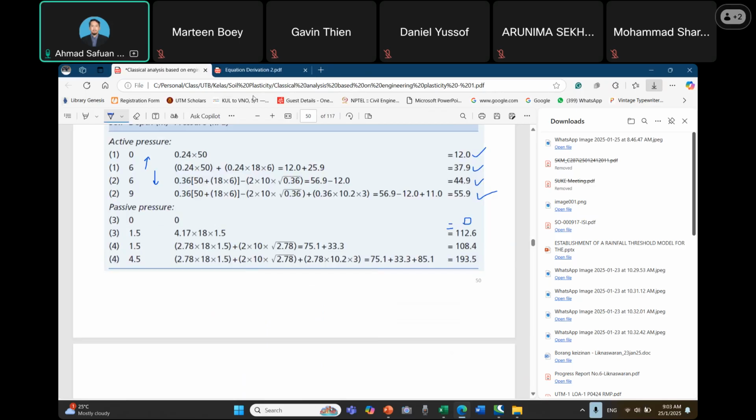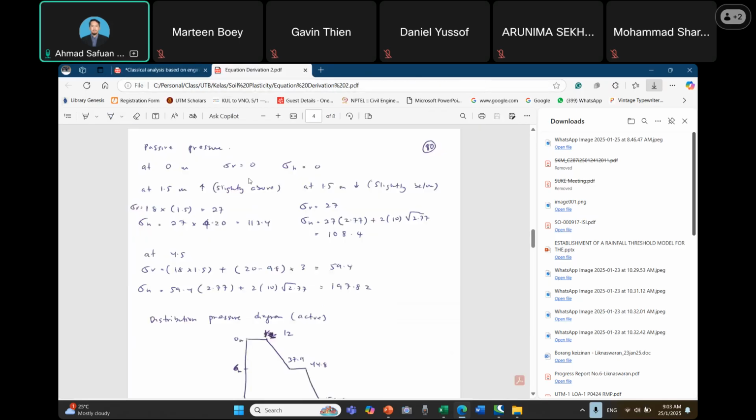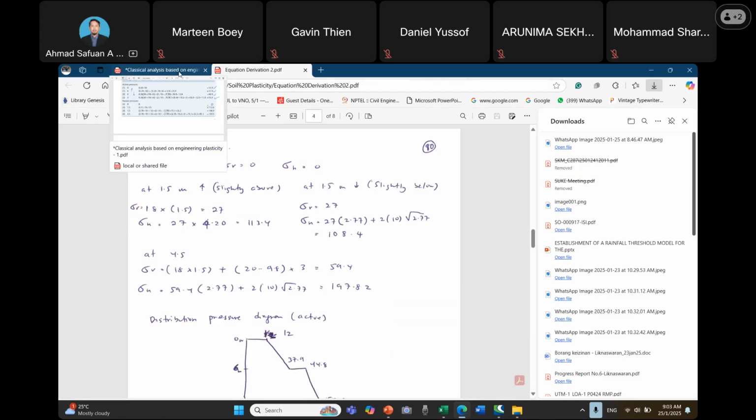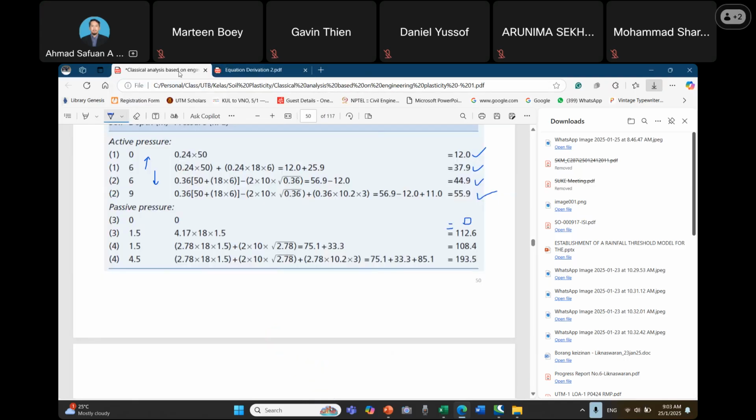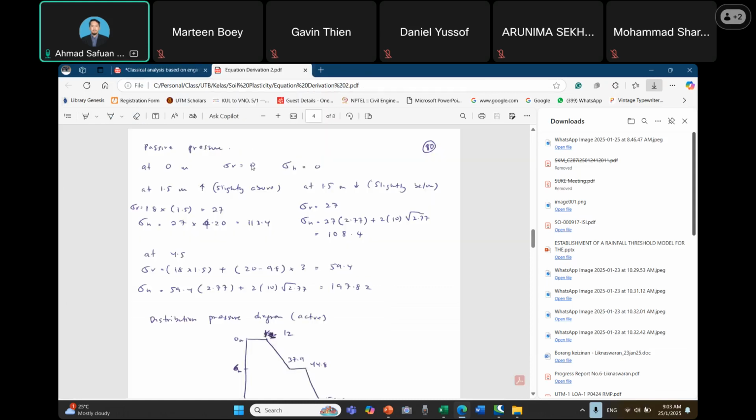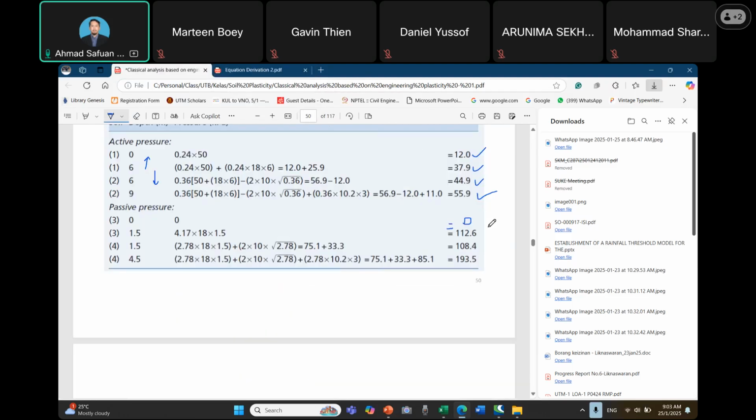So at 1.5, we have two values, slightly above and slightly below. For the slightly above, it is 18 times 1.5 times 4.17. But in this case, I put 4.20. So we obtain 113.4. Okay, this is 112.6.